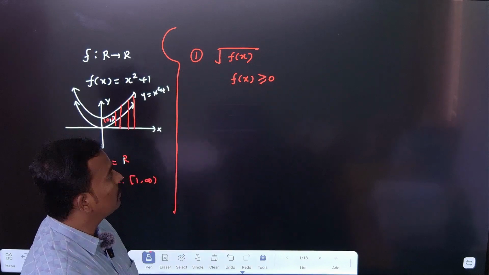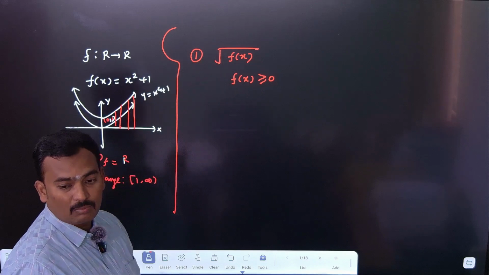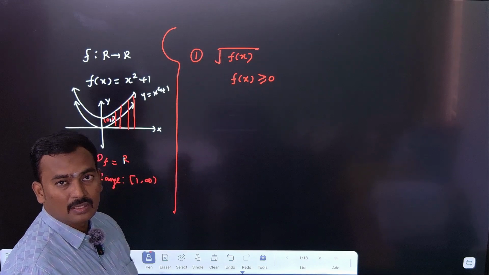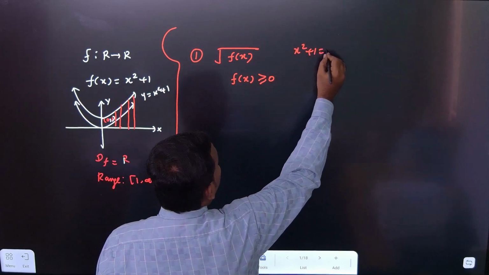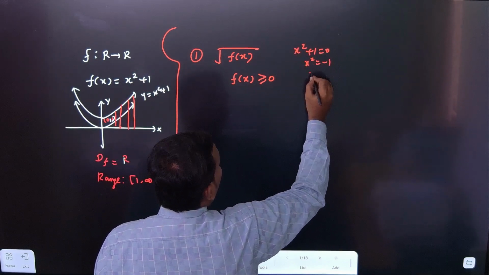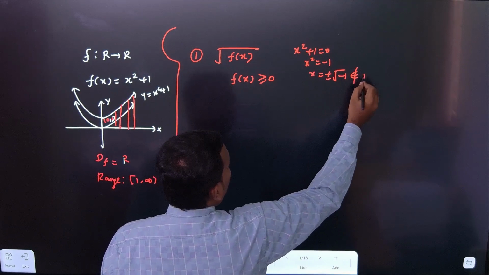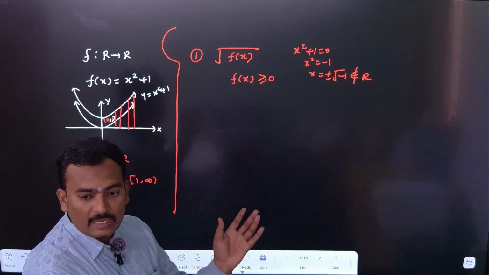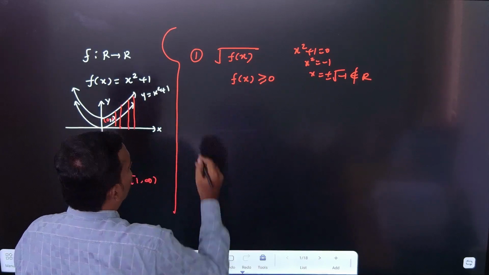Because if it is less than 0, it is not a real number solution. For example, if I take x square plus 1 equal to 0, x square is equal to minus 1, so x equals plus or minus square root of minus 1. This does not belong to the real numbers, and we are collecting only real numbers. Therefore f of x should be greater than or equal to 0.